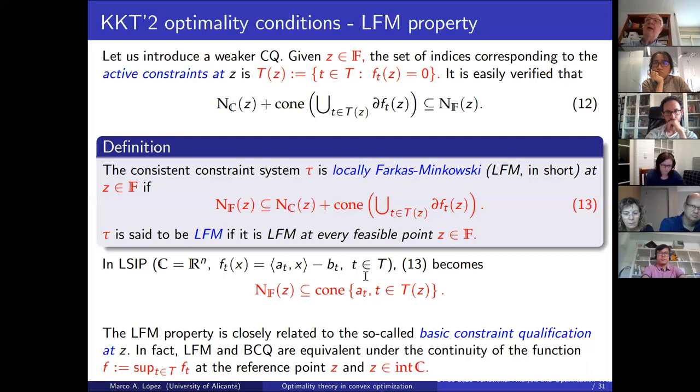Because in general, in a linear semi-infinite problem, even when I'm located at one point of the boundary, perhaps there are no active constraints, because I can consider a kind of parallel hyperplanes just approaching this point. And so the local Farkas-Minkowski has, among many consequences, this one. When I'm at a point of the boundary of F, there must be active constraints at this point.